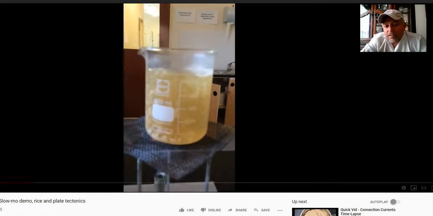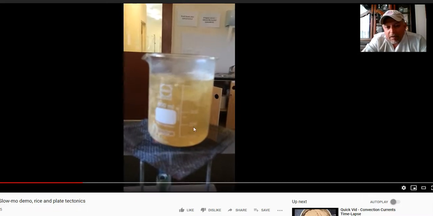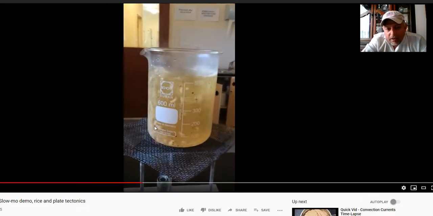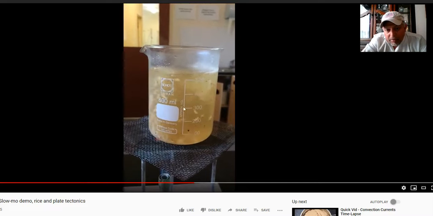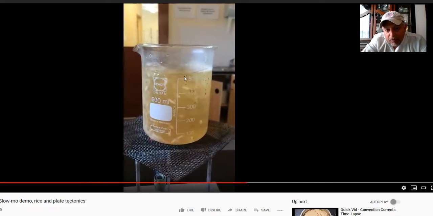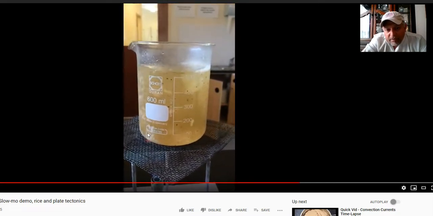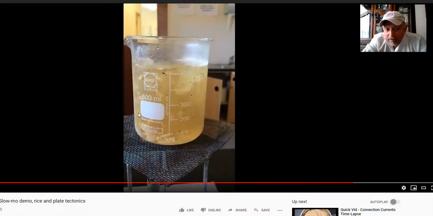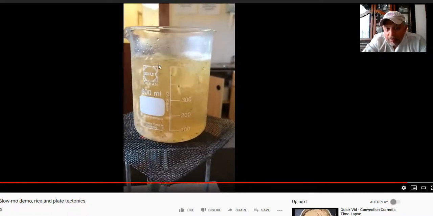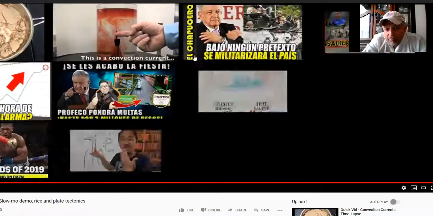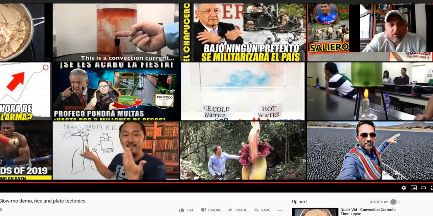This is slow motion, as you can see. Okay? Notice how the rice is going up this section, but it's also turning. It's falling, right? As the rice gets hot, it goes up, it loses density, then it moves, it slows down, and then it drops, right?